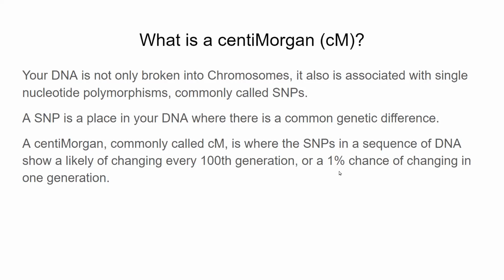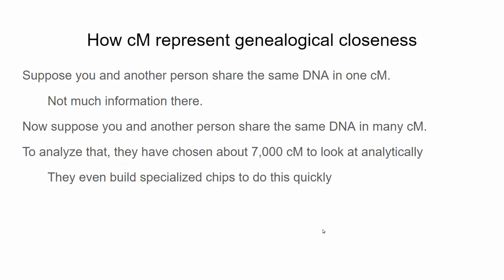Let's say these are centimorgans, 1, 2, 3, 4 in a row. If every 100 generations you have a chance of a change, and you and I match, there's not a lot of information in that.